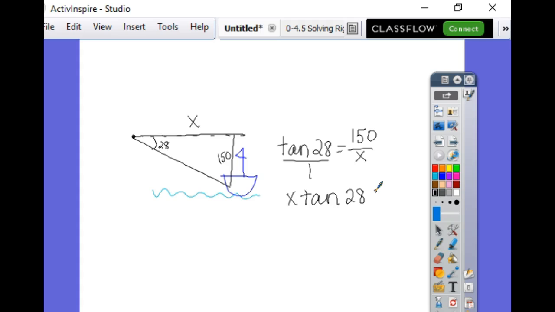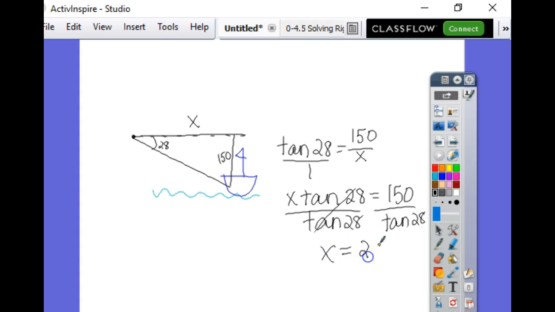Okay, it is 28. Okay. Okay. And this is feet.